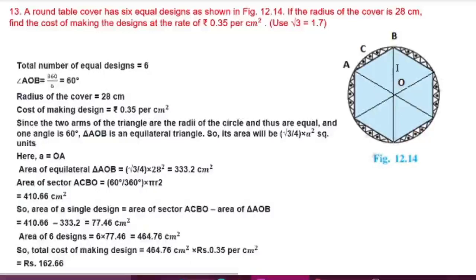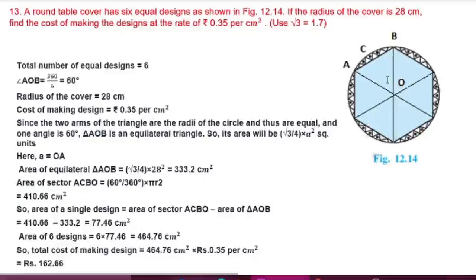And moreover, you can find out this angle B and angle A. They are also equal, and here the central angle is 60 degrees. Therefore, we can write angle A and angle B also 60 degrees. Therefore, this triangle AOB is an equilateral triangle.